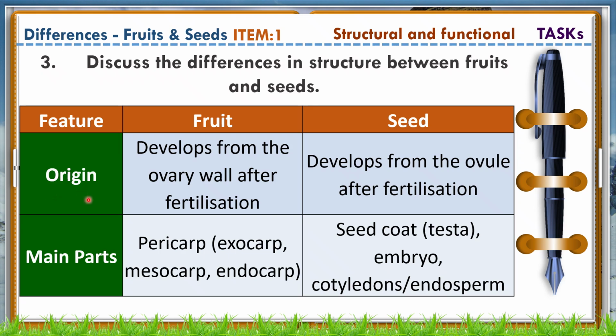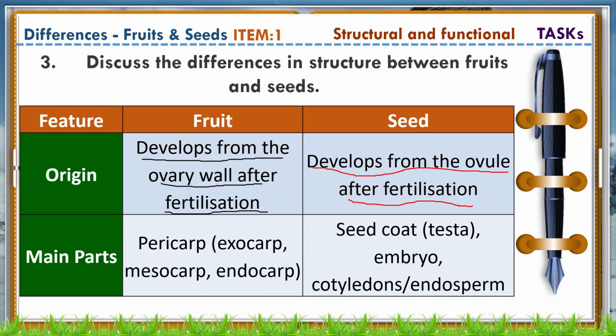Where do they originate from? The fruit develops from the ovary wall after fertilization. Whereas the seed develops from the ovule after fertilization. That is their origin.